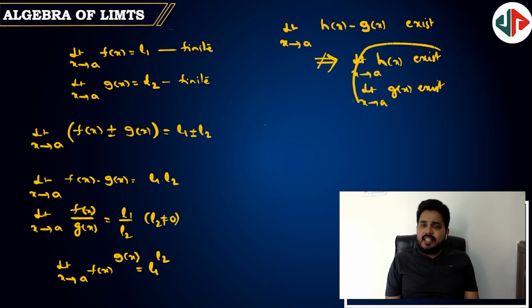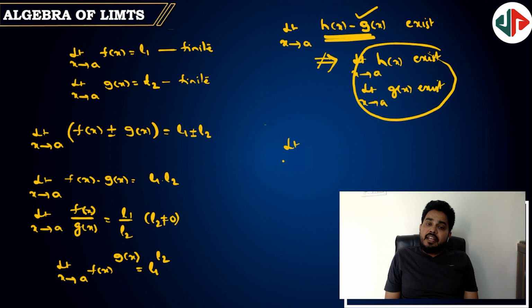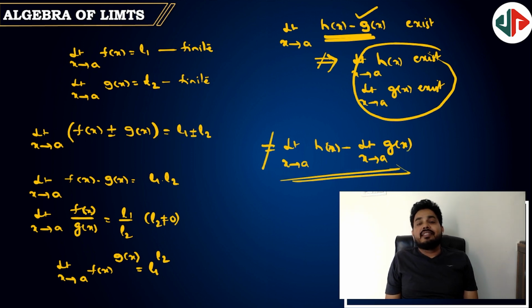When these two exist, this will exist, but when the difference exists, the limits individually may exist, may not exist. So that's why you cannot write every time limit of h of x minus limit of g of x. You cannot write this one as this one, unless they are finite.